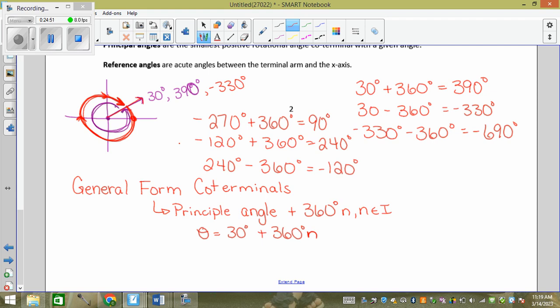Now I have to give n something. I say n is an element of the integers. So if n is an element of the integers, it can be any integer. Integers start at 0, 1, 2, 3, 4, 5, or 0, -1, -2, -3, -4, -5, right? Onwards.